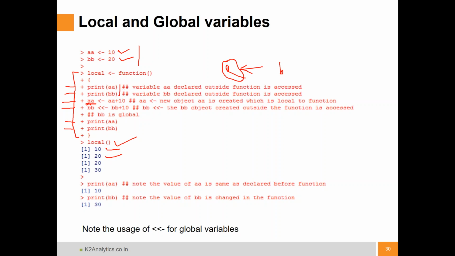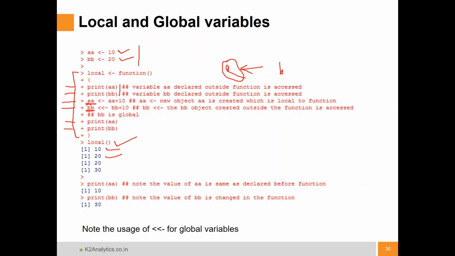Okay. So here a new variable AA will be created, to which the value of 20 will get assigned. Now here BB plus 10 will get evaluated. BB is 20 plus 10, 30. The value 30 will be assigned to BB.